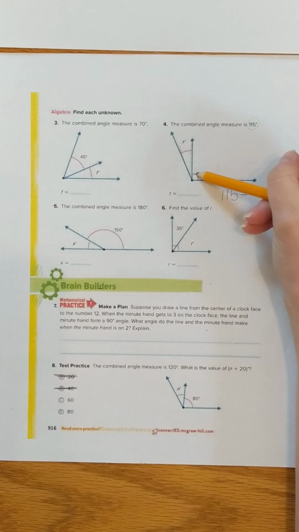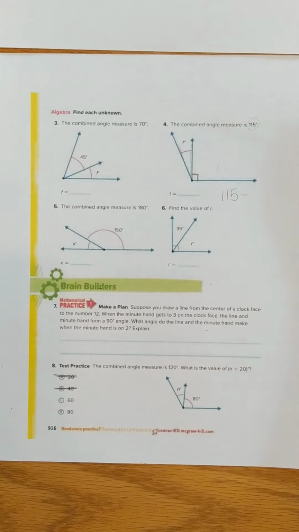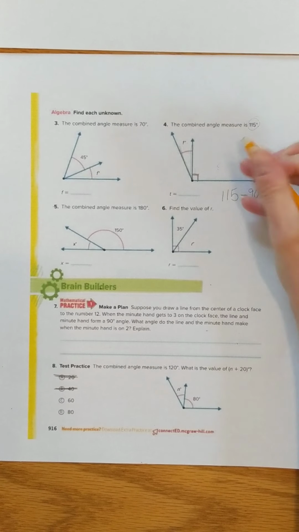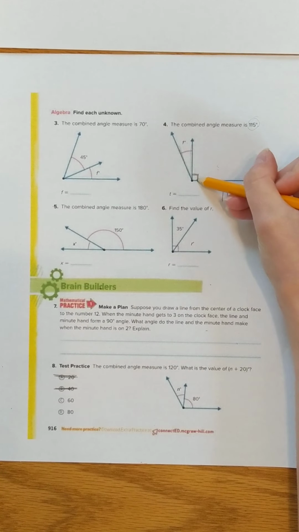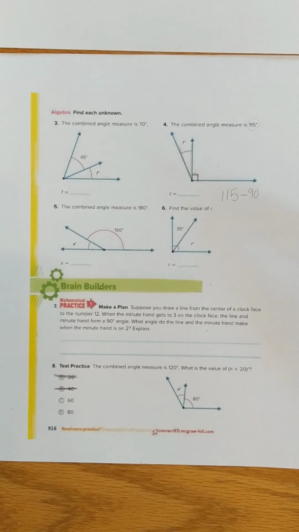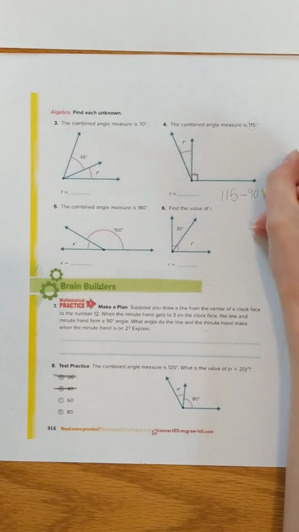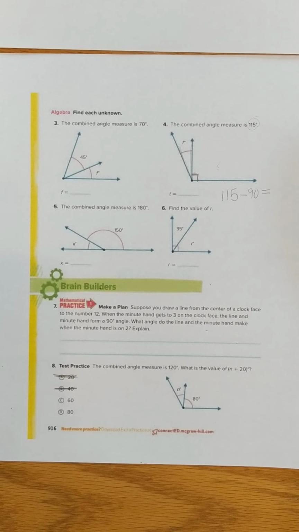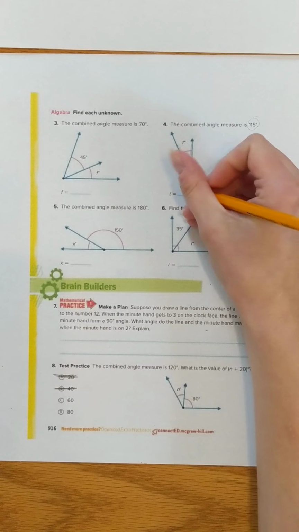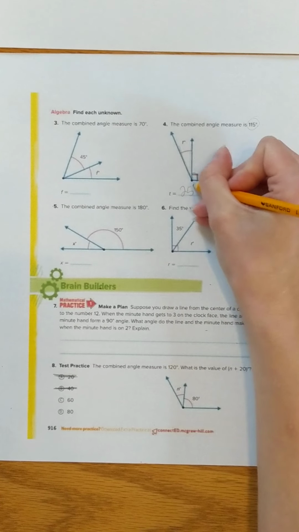Well, if we look here, this little square symbol in the angle measure tells me that that's a right angle. And we know that a right angle always measures 90 degrees. So that is my given, even though it's not written on the paper. I know that this mark here means that that's a 90 degree angle. So when I put into my calculator 115 minus 90, my missing angle measure, or angle measure T, equals 25 degrees.